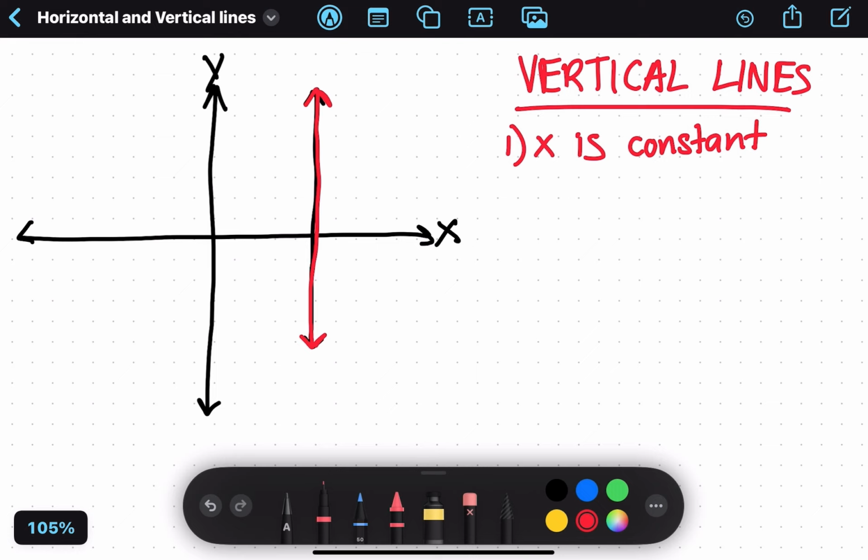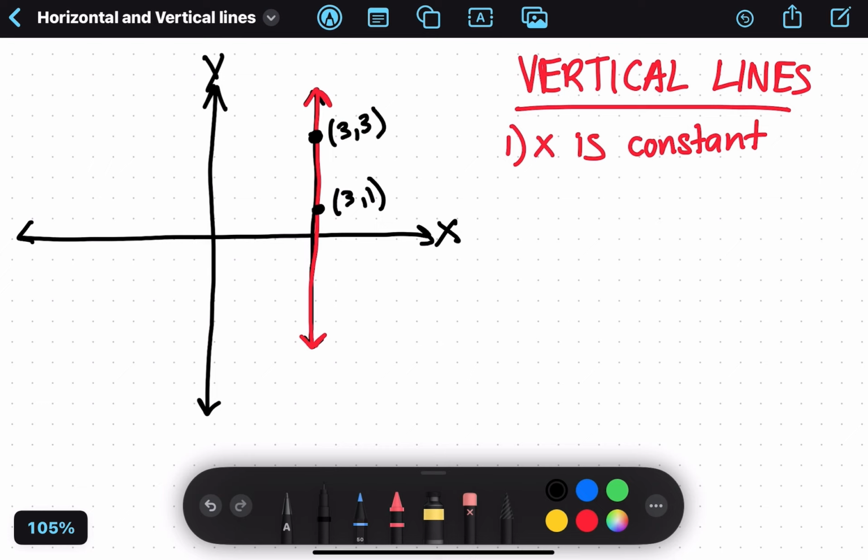Meaning, no matter what point you go to on the line, the x coordinate is always the same. So let's say we were to take a point here or a point here, and let's say our x was 3. This would be like (3, 1), and this could be (3, 3).